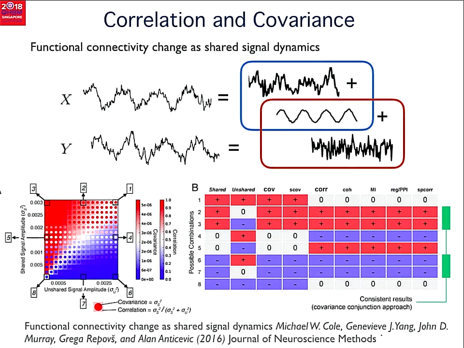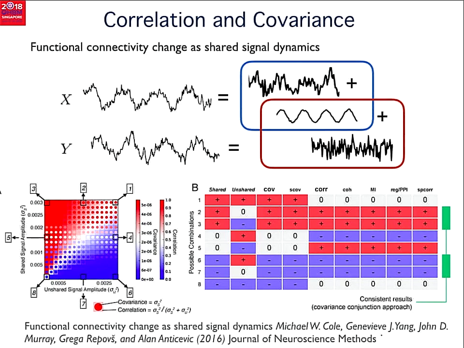But a study that went more deeply into this was a study from Michael Cole and co-workers a few years ago that conceptualized functional connectivity as changes in the shared and unshared components of signals. So you might conceive of the individual signals as having some shared component and then some other unshared component, which could either be noise or simply neural activity that's not common across the two regions.